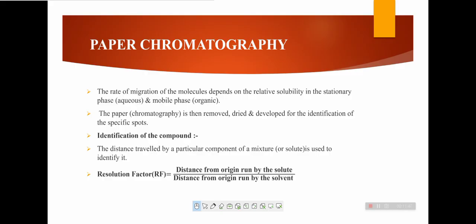It is the ratio of the distance that the compound travelled to the distance that the solvent travelled. In mathematical expression, the resolution factor is equal to the distance from origin run by the solute divided by the distance from origin run by the solvent.